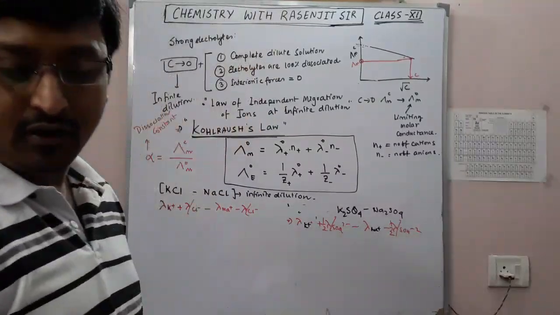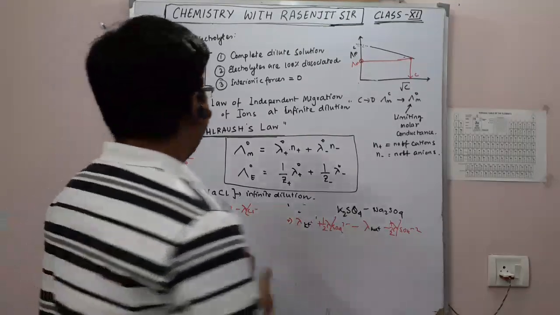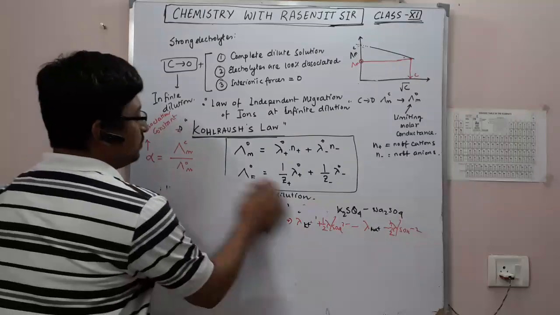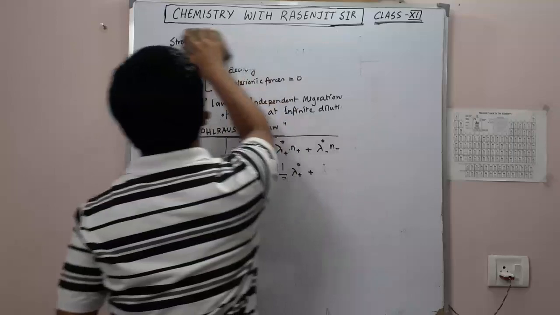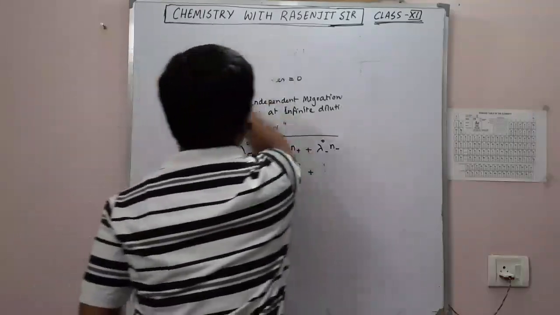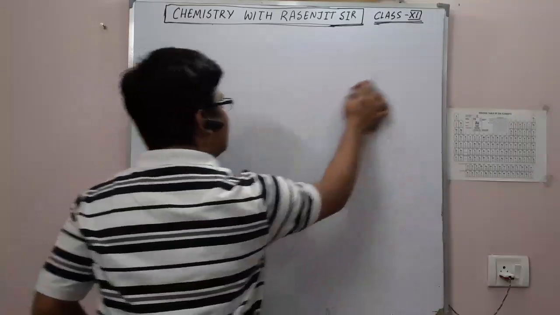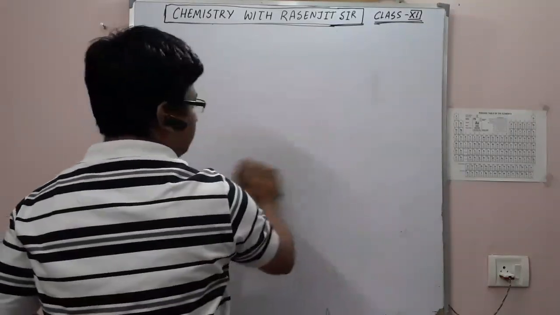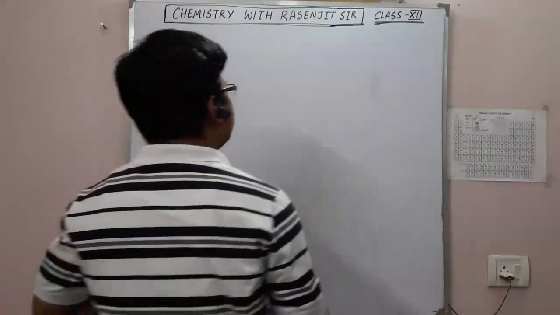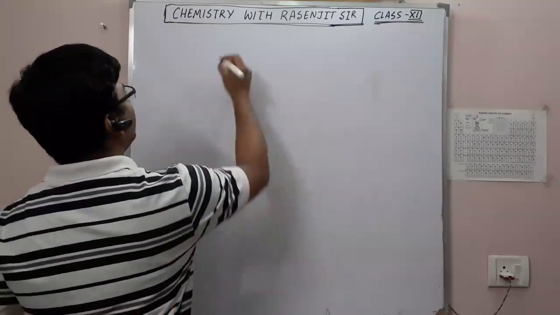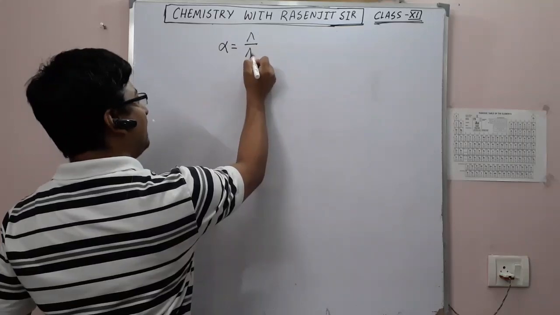Now, let's talk about weak electrolytes and the dissociation constant. For a weak electrolyte we cannot directly calculate the lambda zero, but there are a few ways to do it. We can calculate this alpha, which is lambda by lambda zero.